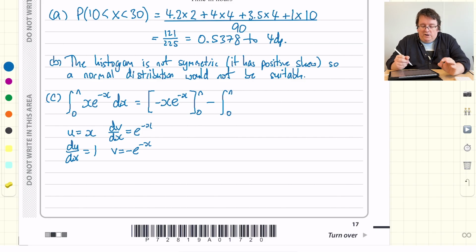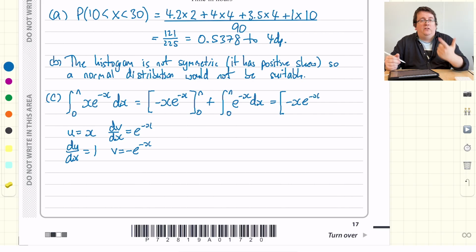Now, we've got a minus sign there, so we're going to bring that minus sign out, make it a plus. Okay, so minus x e to the minus x, and then e to the minus x integrates to minus e to the minus x, so bring that into the square bracket.